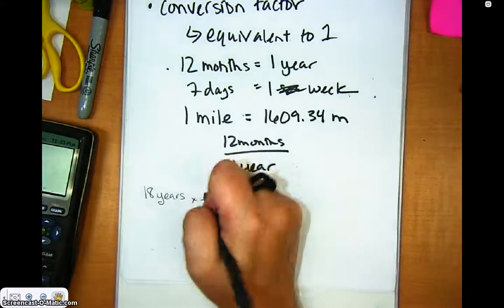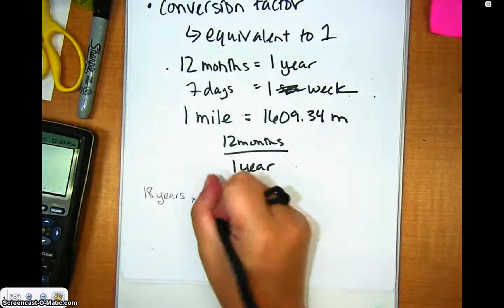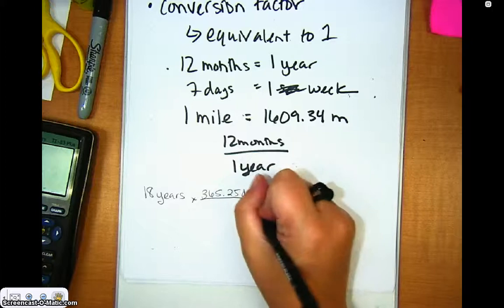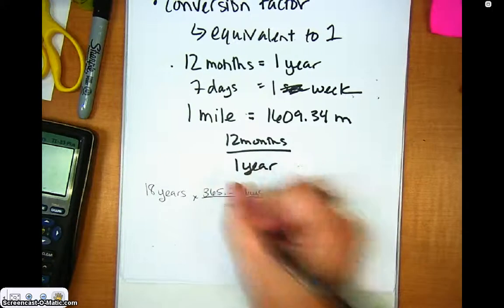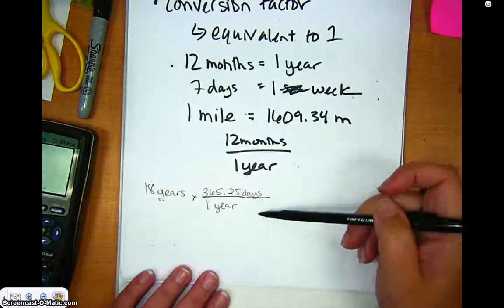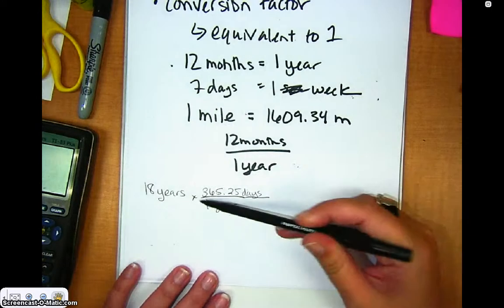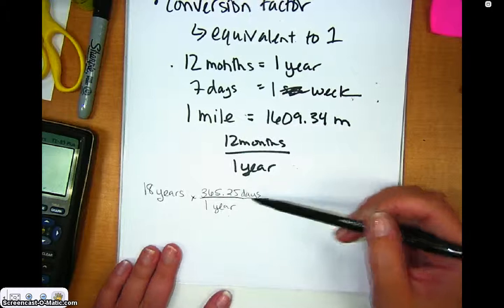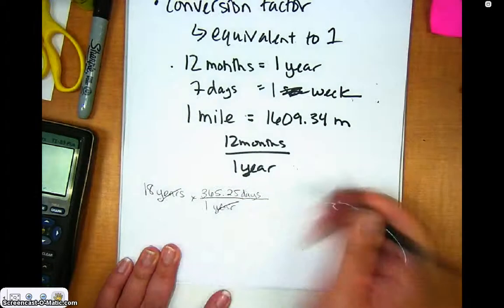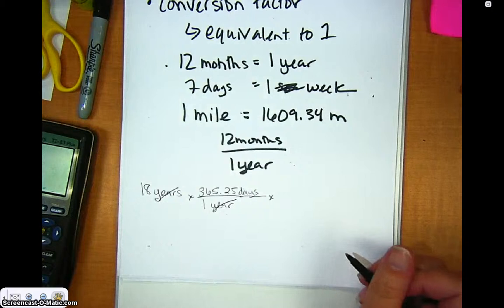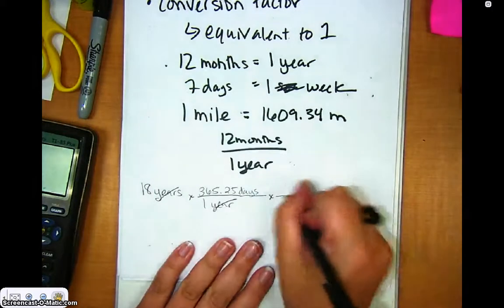So we know that every year is 365.25 days. And this takes into consideration leap year. Right? So we use the conversion factor, and what we put on the bottom is what's going to end up canceling. What we put on top is what we want to convert to. So the years will cancel. And then I want to go from days to hours.